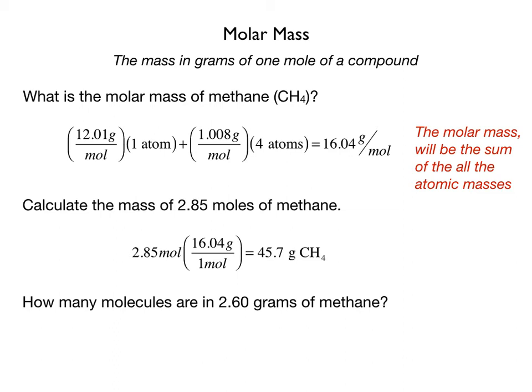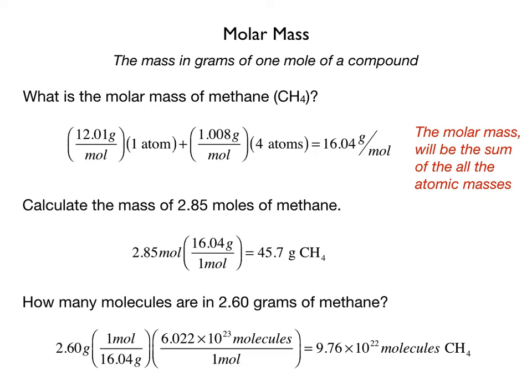So we'll start off, always start with the number that's given, 2.60 grams, and then we're going to divide by the molar mass. So 2.60 times 1 divided by 16.04 grams, and then we can multiply that by Avogadro's number divided by 1 mole to get our final value of 9.76 times 10 to the 22nd molecules of methane.